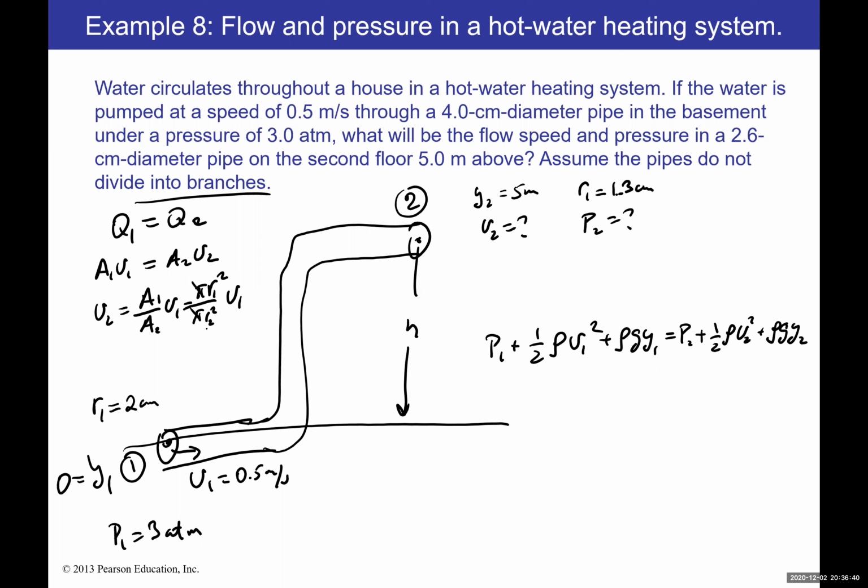Canceling the pi's, I can even keep everything in centimeters. So it's 2 centimeters over 1.3 centimeters, the quantity squared, because each one is squared, times V1. And I can calculate basically the velocity.